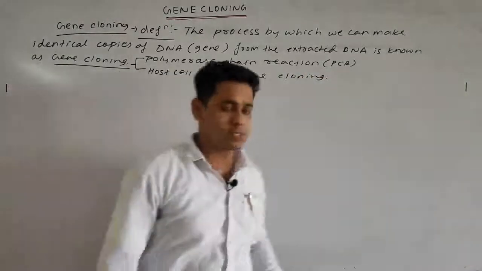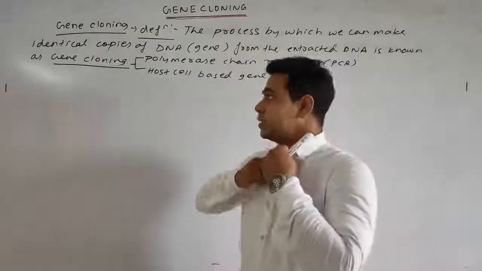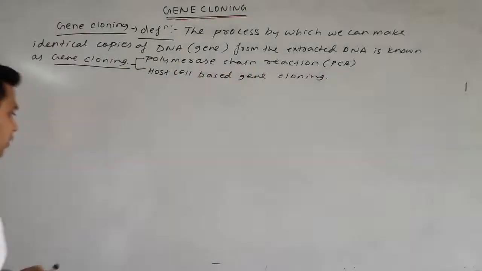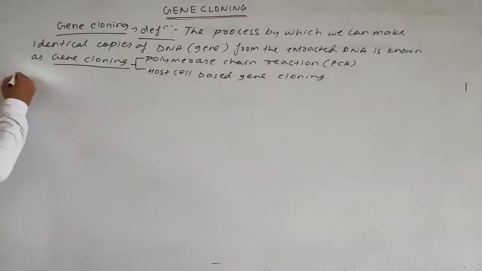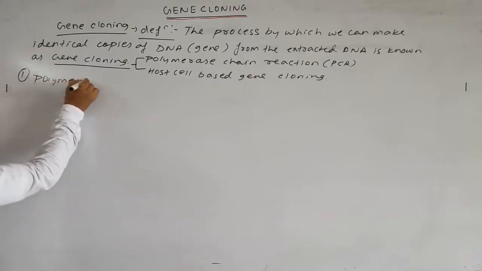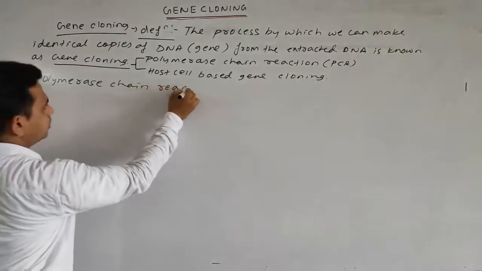These are the two techniques by which we can make millions or more identical copies of DNA or gene. First we'll discuss the very important short note, the polymerase chain reaction.